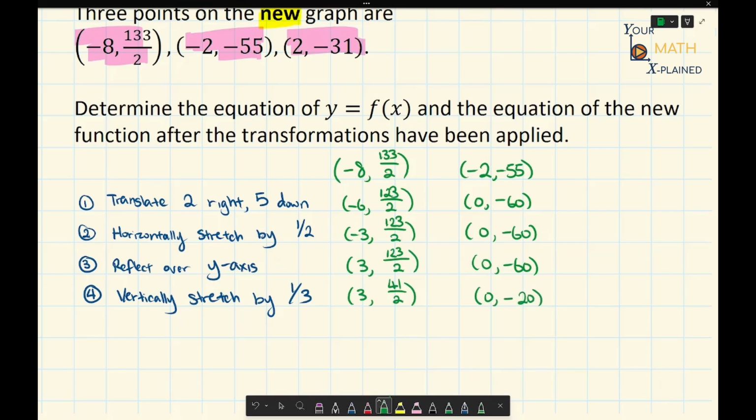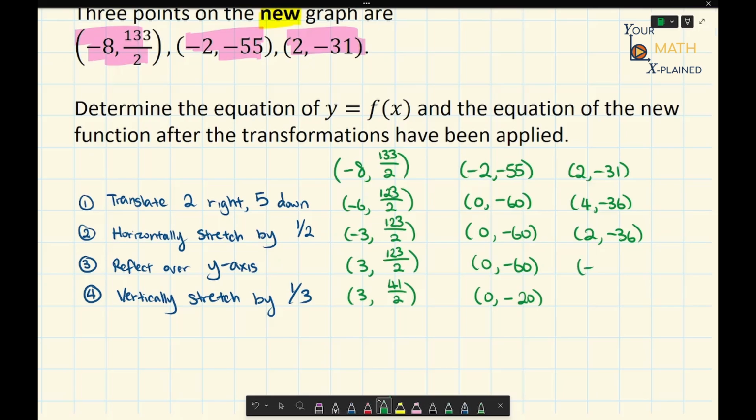And then the last point is (2, -31). And again, we're going to perform the same transformations. The translation will get us to (4, -36). Horizontal stretch is going to get us to (2, -36).